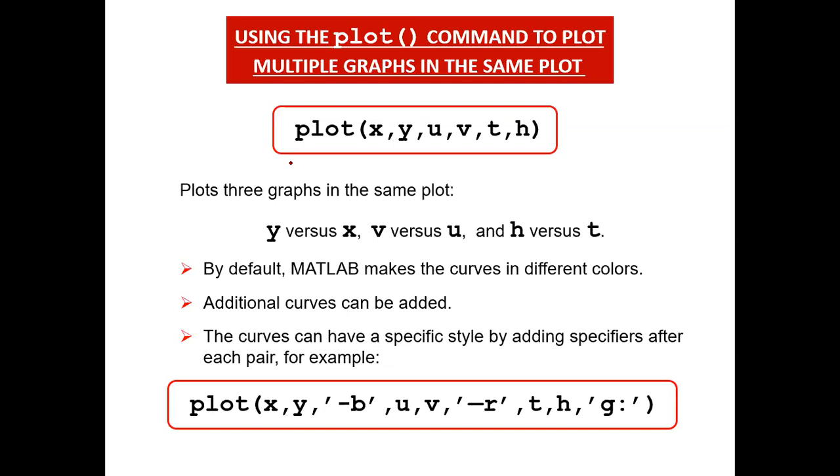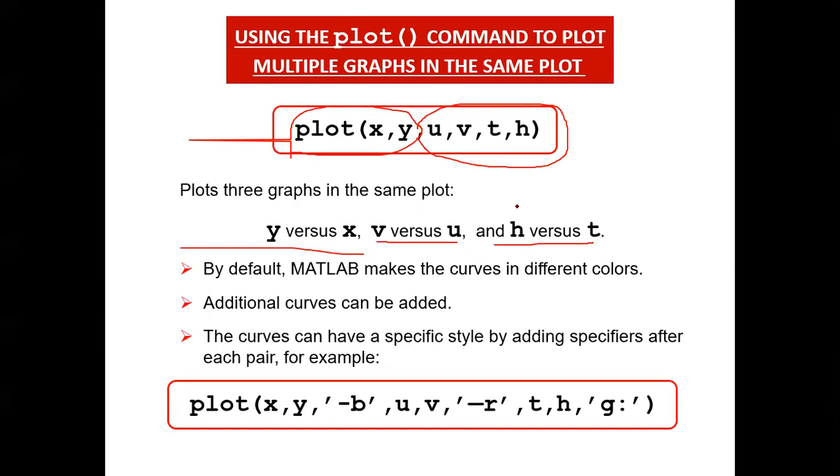We know the plot has only an x-axis and y-axis. Now we can try to draw multiple graphs in the same plot. So here we can give y versus x, then v versus u, then h versus t. So with these three pairs we can plot three graphs.